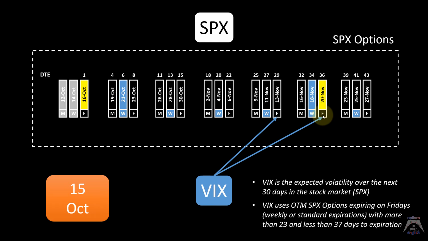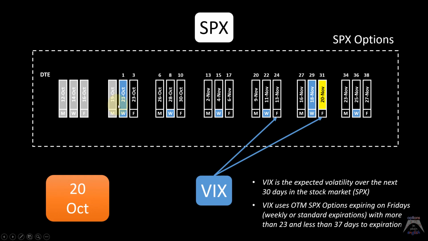So it's a number that you can look up quite easily. Now we're on the 15th. This is one day to go. This is a standard expiration, but we're looking at VIX products. We just continue. Now we're going to jump ahead to October 20th, the Tuesday. What's happening here is that we're approaching a standard VIX expiration.